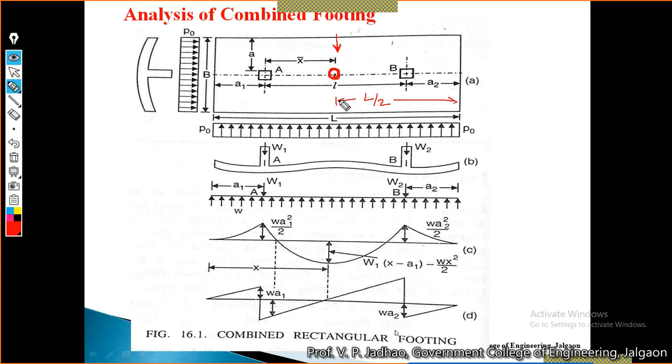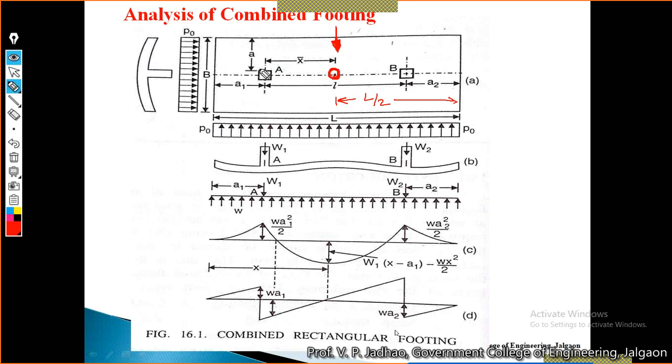The center of gravity or centroid of this footing will be at a distance L by 2, whereas the centroid of this load should also be at a distance L by 2 in case of rectangular footing.